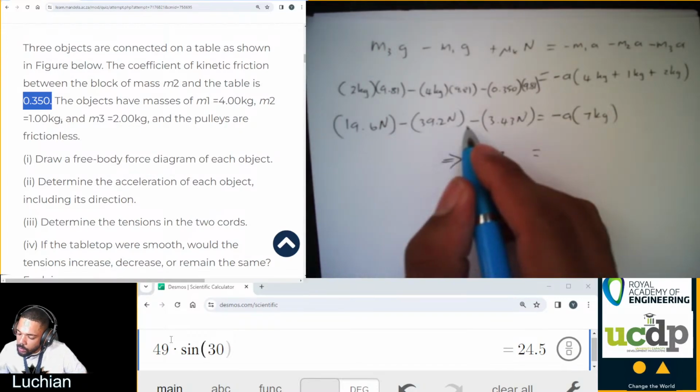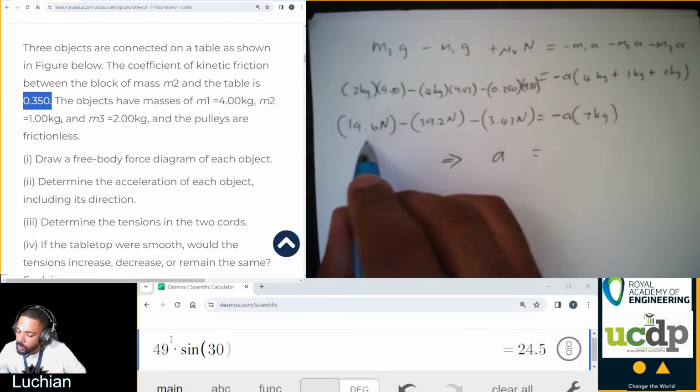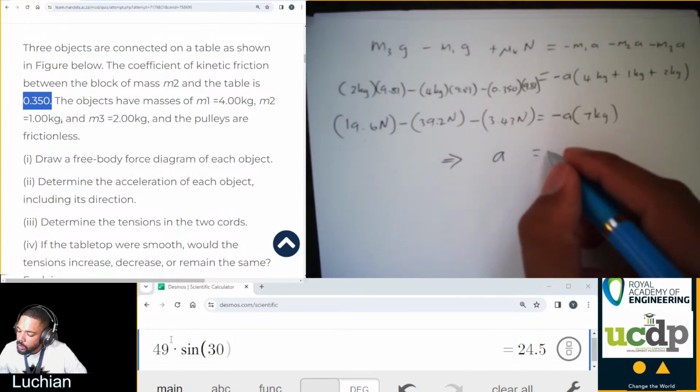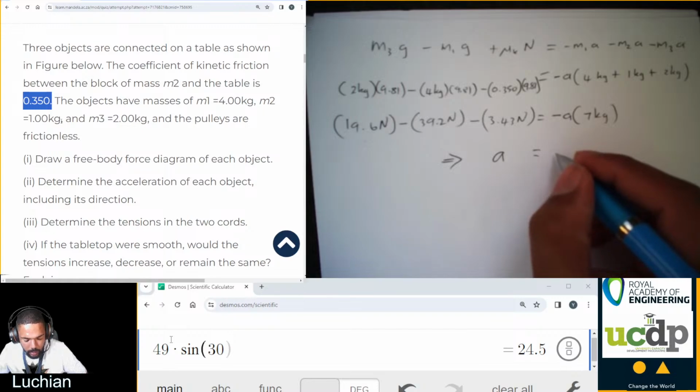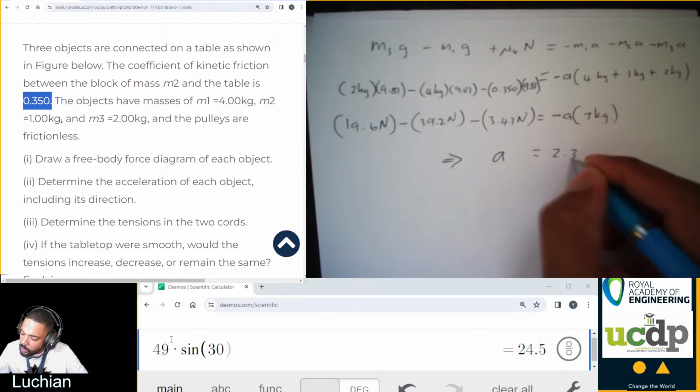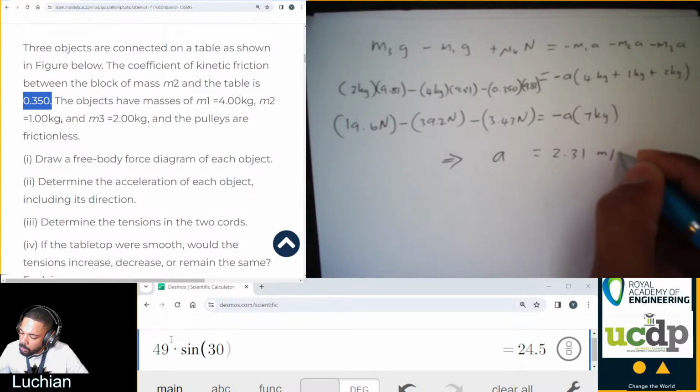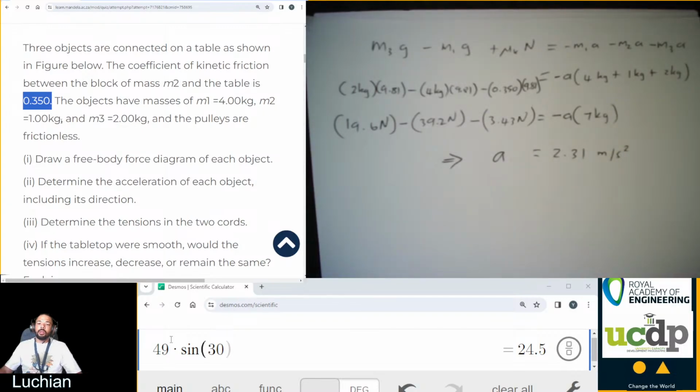You add all of these, you subtract them, and then divide by 7, and you'll find that your acceleration is 2.31 meters per second squared. So this whole system is moving at 2.3 meters per second squared.